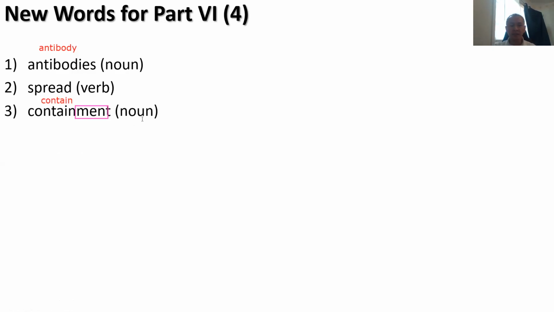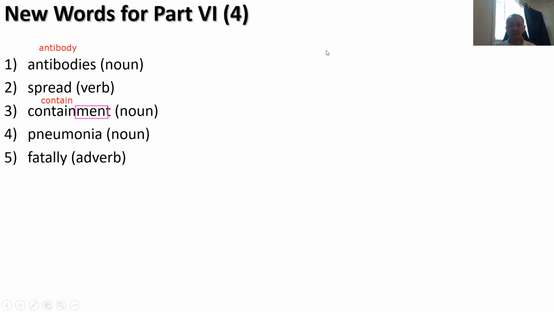So containment is a noun, okay? Pneumonia. Fatally. Fatally is an adverb. It came from the word fatal. Fatal is an adjective. Fatally is an adverb.